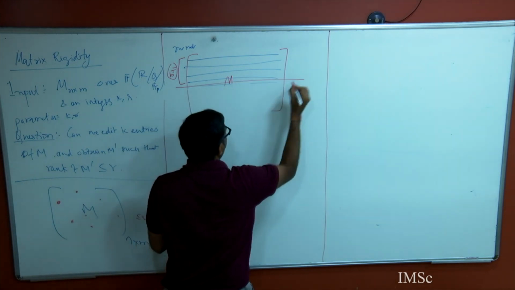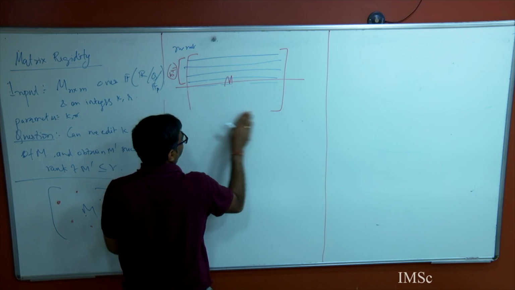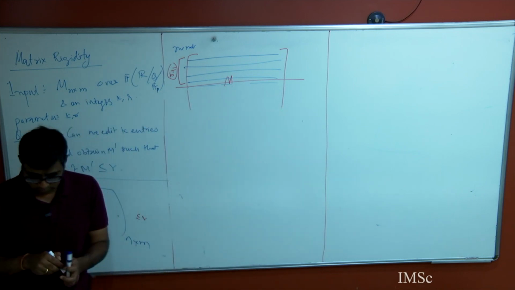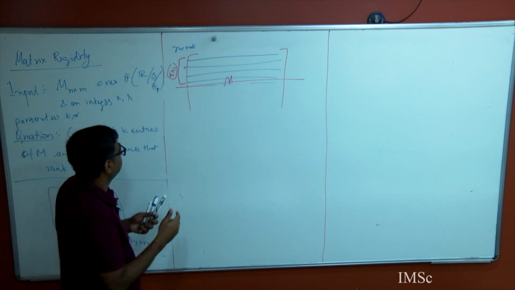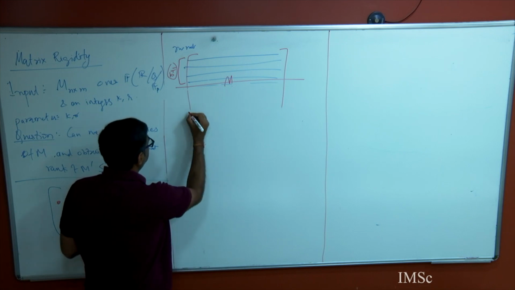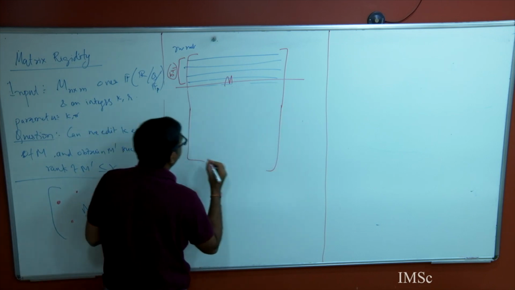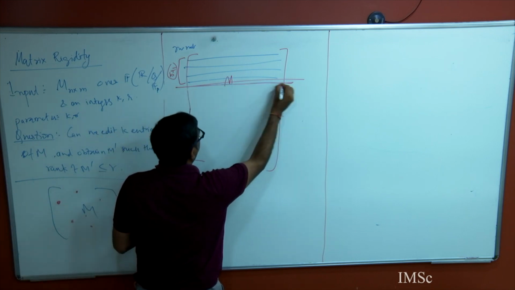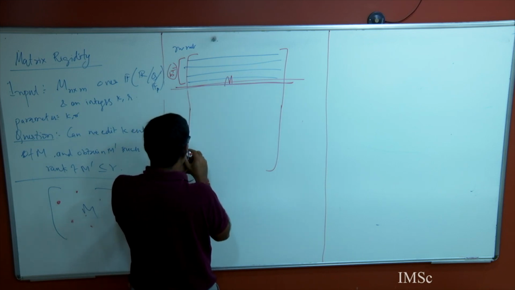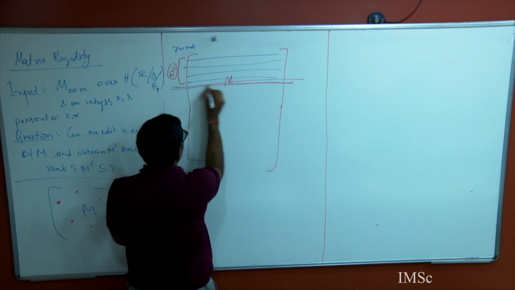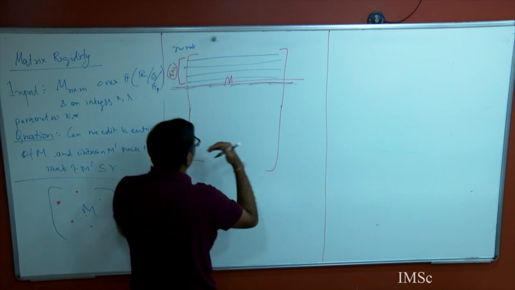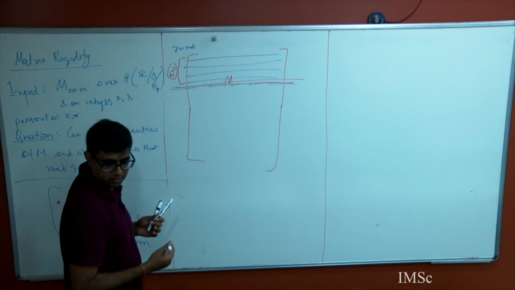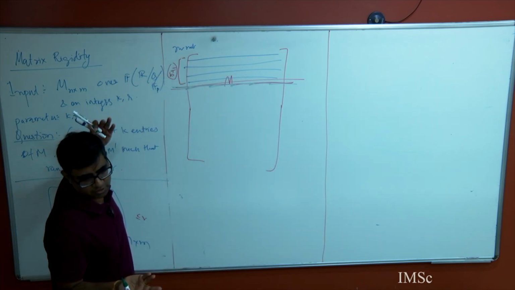Okay, now let's draw bigger. From the remaining rows, I left this R plus 1; if there is strictly less than R, then there was nothing to show.